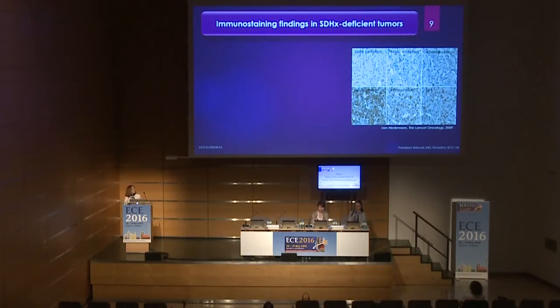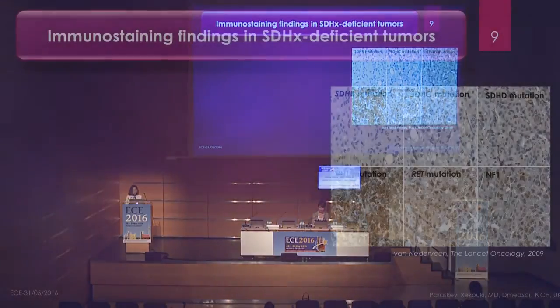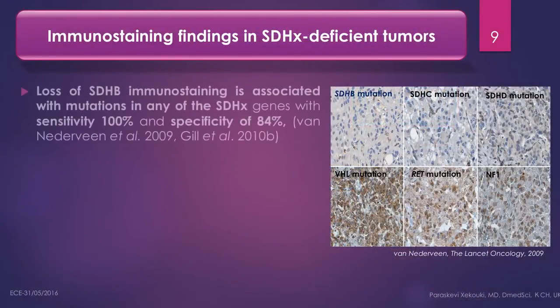Another very useful tool, particularly in clinical settings, that can guide us to screen for the presence of succinate dehydrogenase mutations is immunostaining for SDHB, because it has been shown that loss of SDHB immunostaining is associated with mutations in any of the SDH genes with a sensitivity of 100% and specificity of 84%.